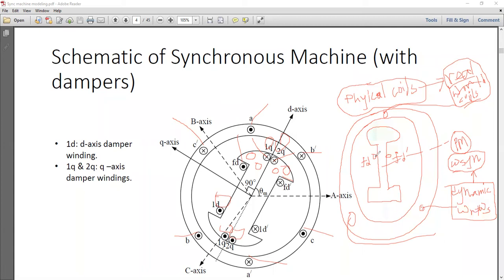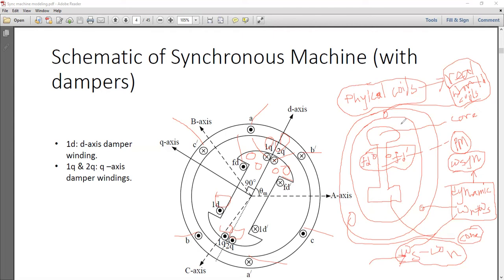Your field coils, as well as these rotor core, remember this is the core, they will sense that there is some slip, omega S minus omega R. So your core, as well as your rotor fields, will sense that it is now moving at some slip.